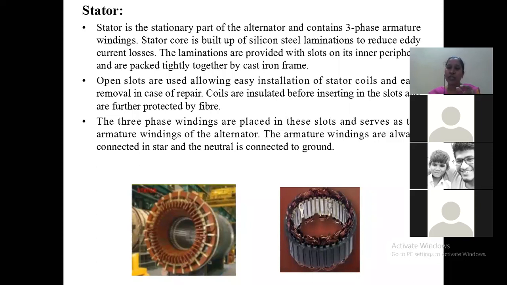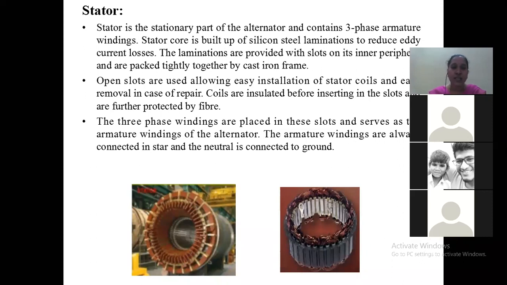So already insulated coils only we are going to wind in the slots, and they are further protected by fibers. We have fibers also inside the stator core, which we use as insulators, the insulating medium.